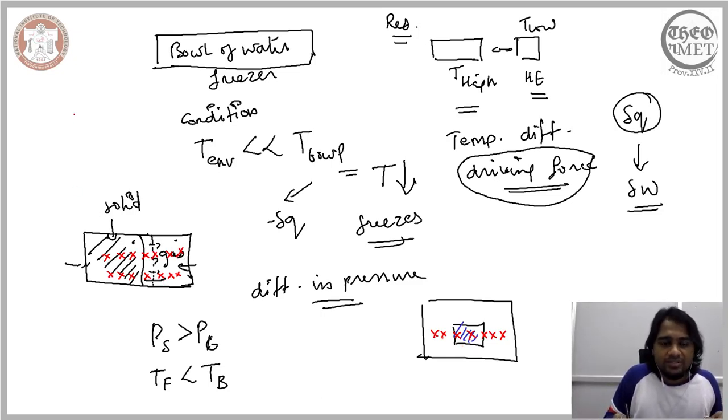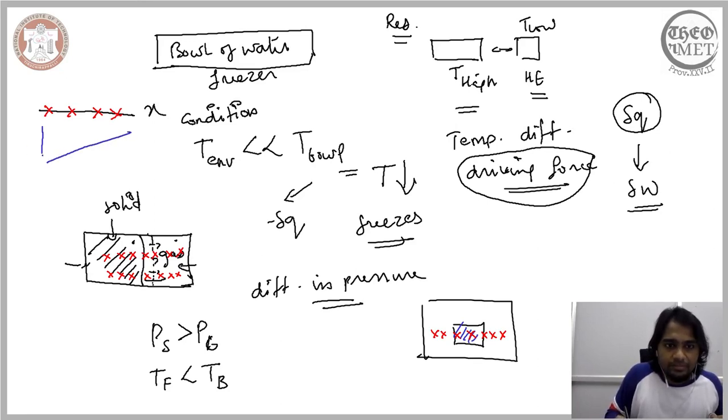Now if you consider a one-dimensional system, meaning if you consider a line, so just the x dimension, and you are measuring the temperature at each of these points, you notice that as you move along this direction, the x direction, the temperature increases. So this is your x-axis and this is your temperature.